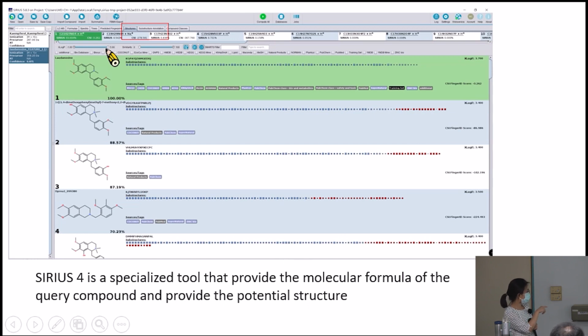So basically, SIRIUS 4 is a special tool. It can basically answer two questions. The first question is, what is the molecular formula? And what is the potential structure that can best explain our metabolite with the database?